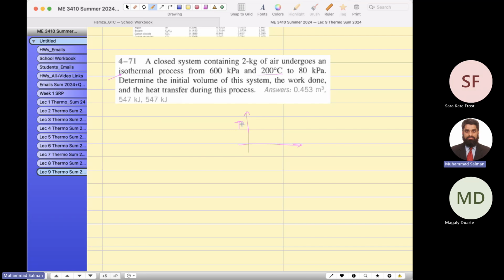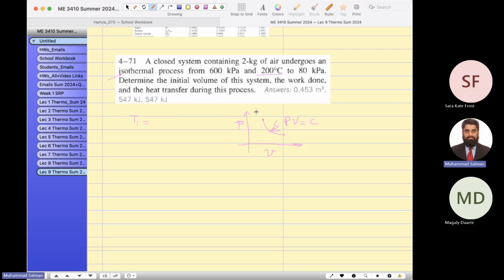I can write it down. The index n equals 1 in this case, and the temperature is constant.